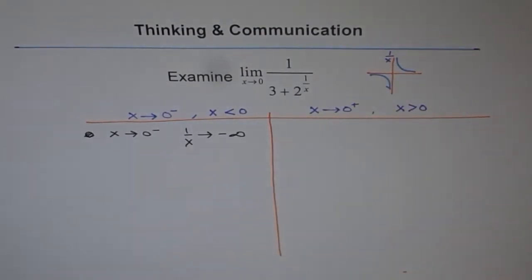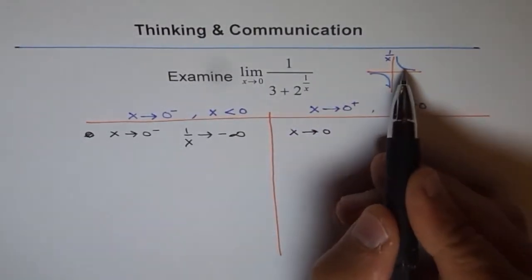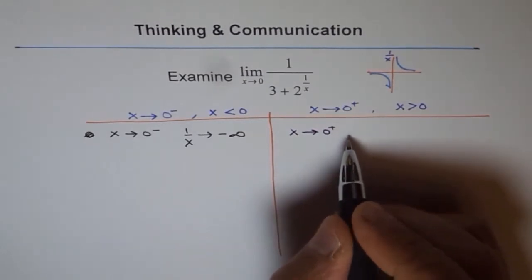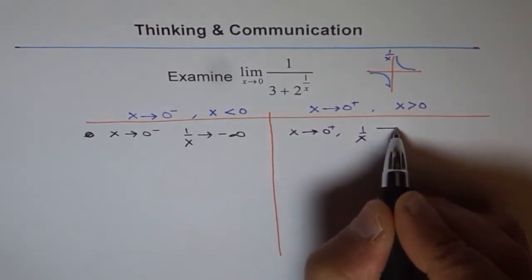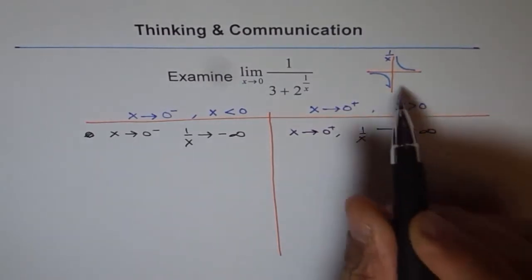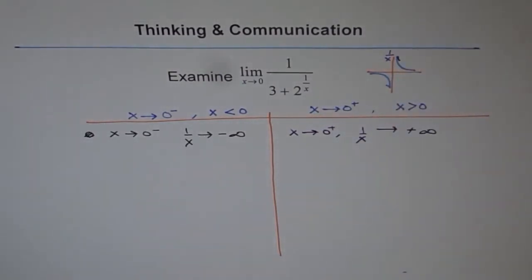That's what I wrote. Simultaneously, let me write on the right side also. I'll use a different ink on the right side, that as x approaches 0 from the positive side, then 1 over x approaches positive infinity, right? You see that? Approaching positive infinity. So these are the two conditions which we are working on.